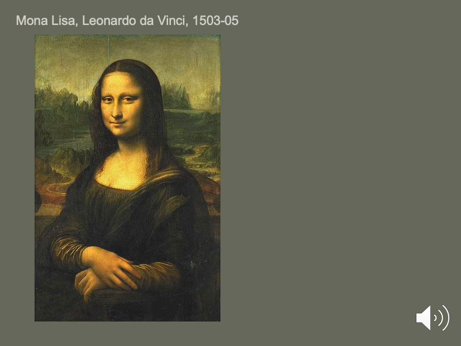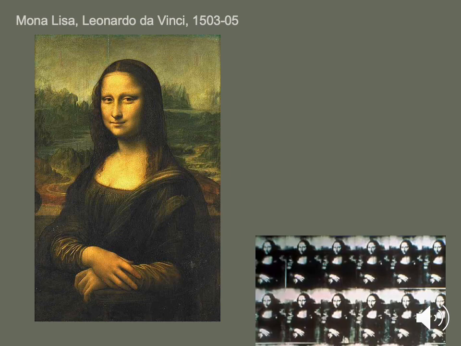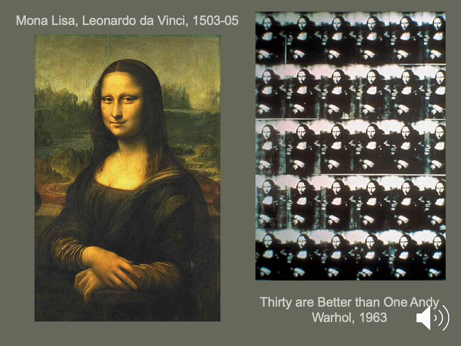Another way that we can tell that this painting has changed value over time is by looking at how other artists use this painting in their work. So this is 30 Are Better Than One by Andy Warhol from 1963. In it, we can see that he has taken this really famous image, and of course in 1963 it was very, very famous, and he's repeated it 30 times, and he's changed some things about it.